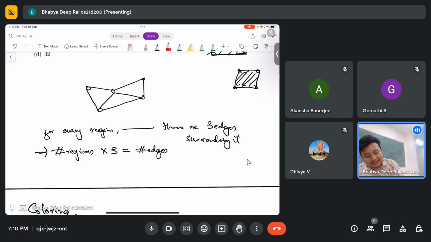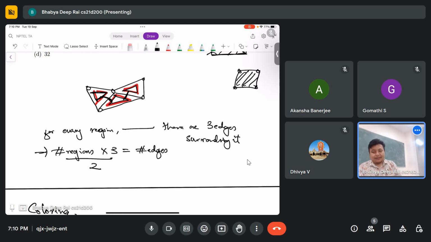For this region I'm counting 3 edges, for this I'm counting 3 edges, and for this I'm counting 3 edges. But the edges I counted here, I'm overcounting for this region also, because they are sharing edges. Across two regions I'm sharing one edge, so I'm counting it twice. Therefore I need to divide by 2. Now I have an accurate count.